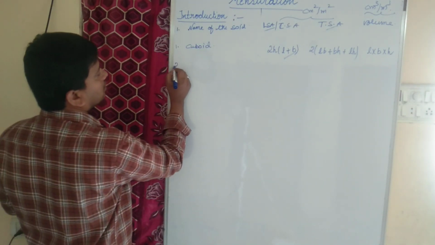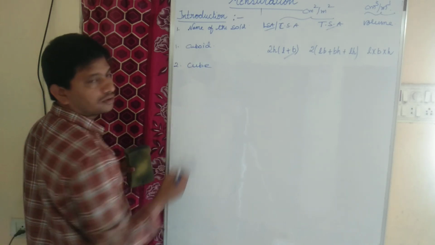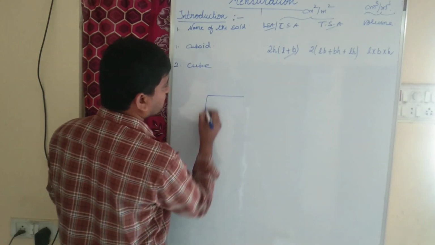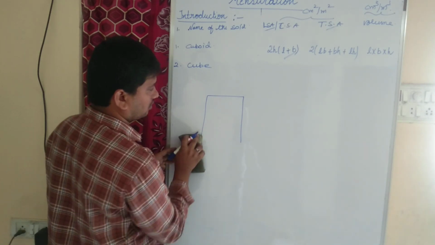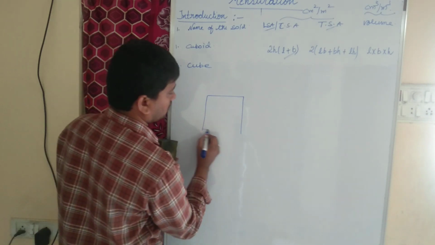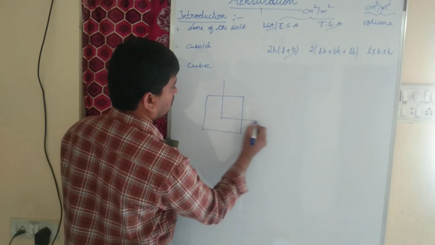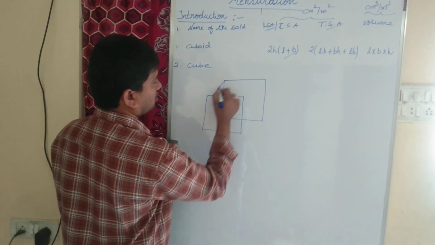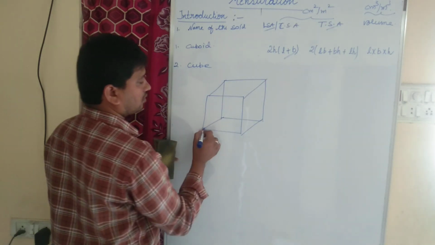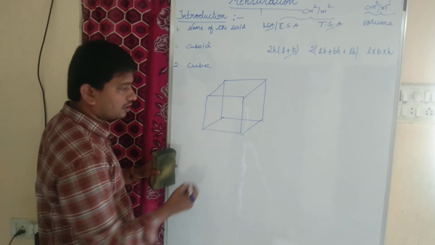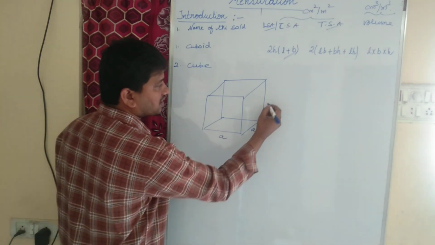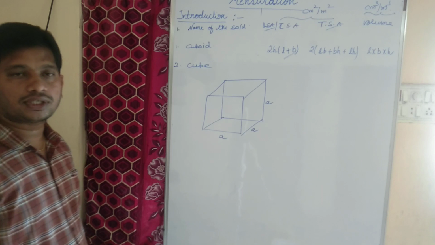The next one is cube. A cube is made up of squares whose all sides are equal. Length is a units, breadth is a units, height is also a units.